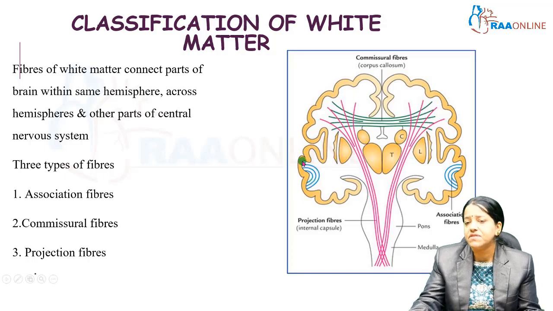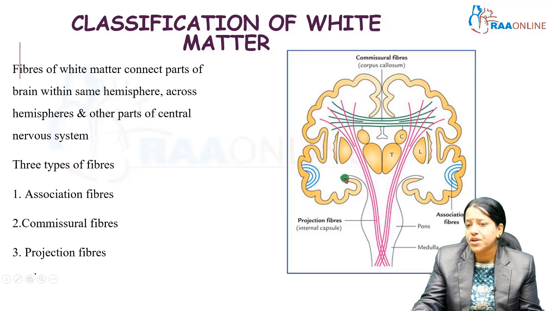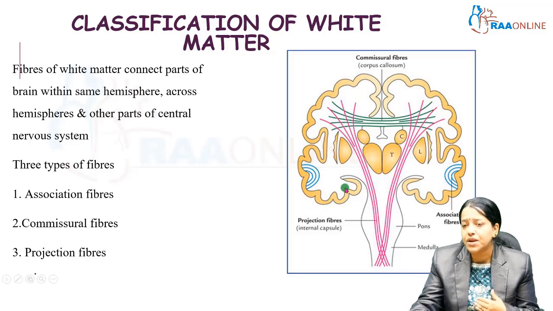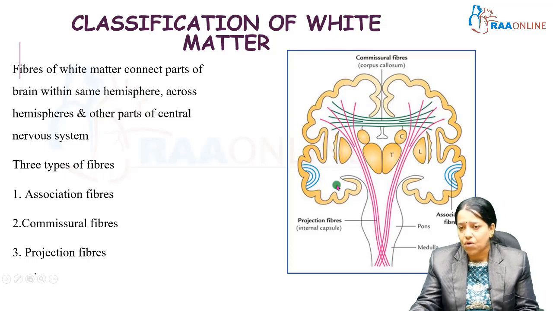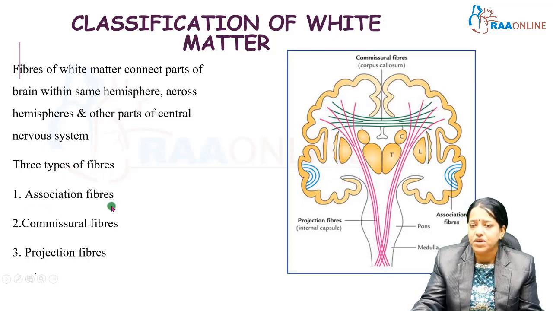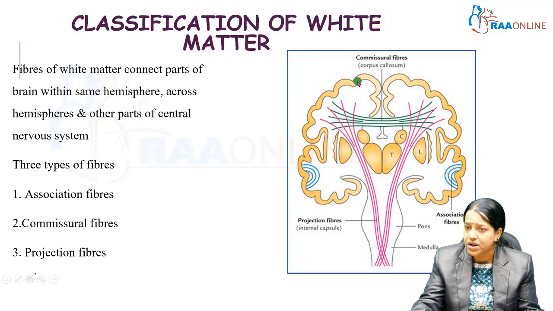Two adjacent gyri are also connected, and even one pole is connected to the same side pole of the cerebral cortex. Those are called association fibers when they are within one side of the cortex.